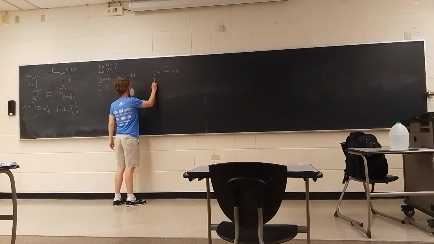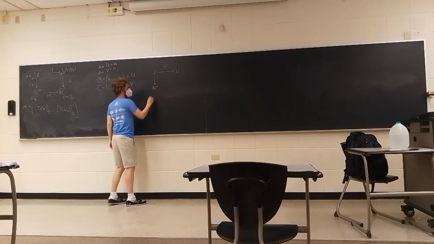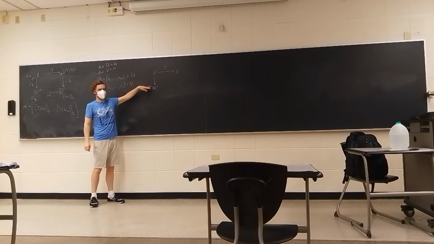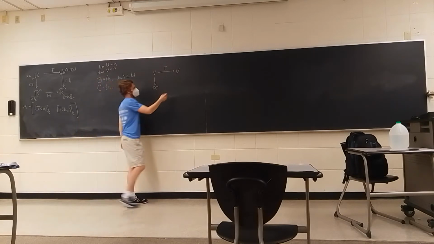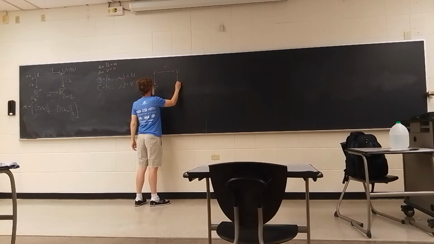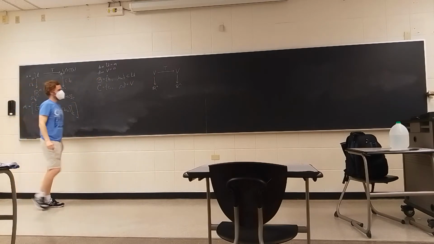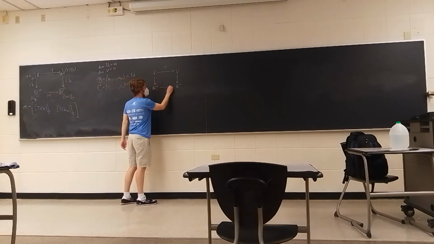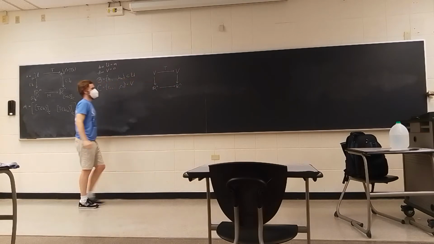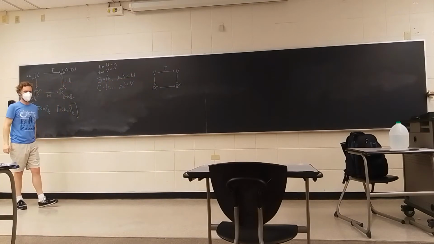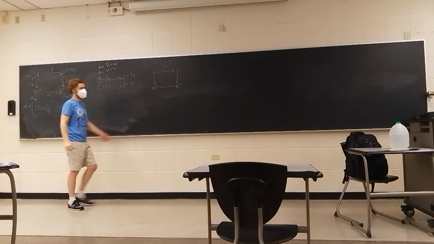So we have this way of transforming an element of V into an element of Rn in a unique, completely one-to-one way. It's an isomorphism. And then we have the matrix representing the linear transformation.